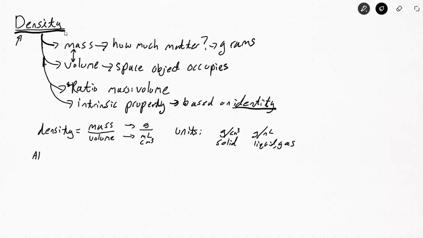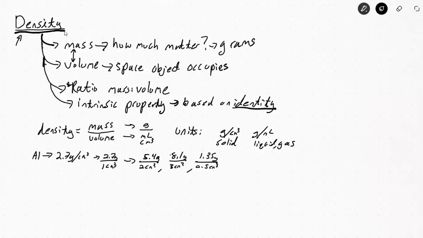So what I mean by that is, for example, the density of aluminum is 2.7 grams per centimeter cubed. Well, what that means is that every time you have 2.7 grams of mass, you have 1 centimeter cubed of volume. But you could also have 5.4 grams and 2 centimeters cubed, or you could have 8.1 grams and 3 centimeters cubed, or you could have 1.35 grams and 0.5 centimeters cubed.